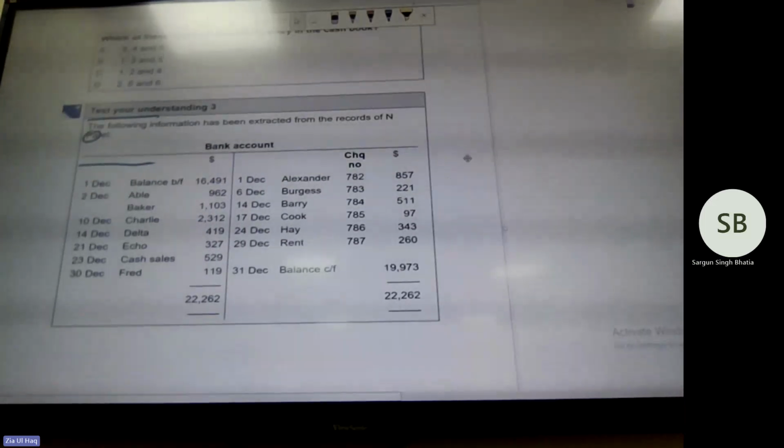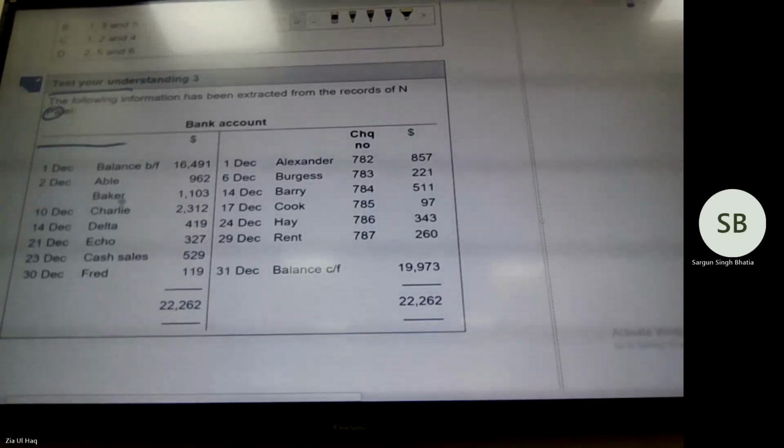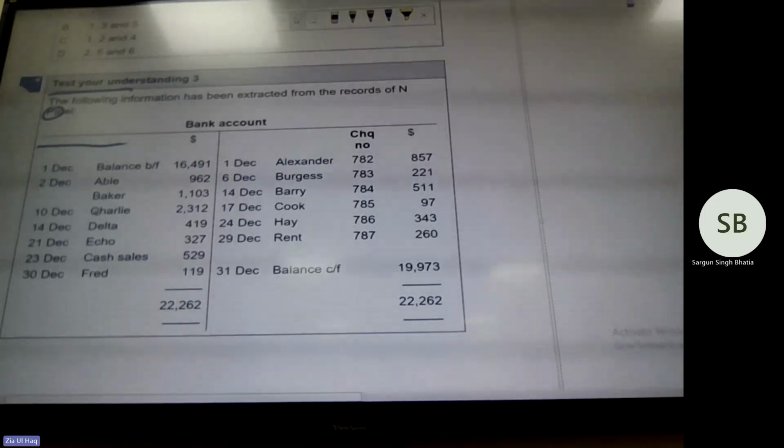Bank account. On 1st December, balance brought forward 16,491. On 2nd December, the amount 6,962. On the debit side of a bank account, these are withdrawals: from Baker on 2nd December 1103, from Charlie on 10th December 2312, from Delta 419, 327, 529, 119.